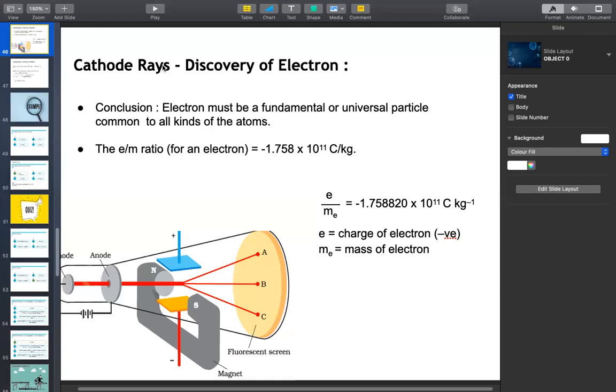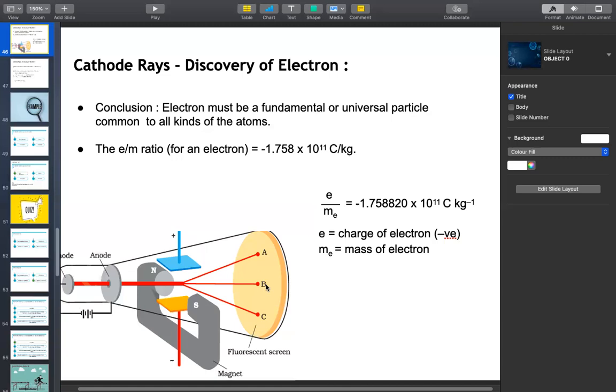So, sir, are the rays splitting? Splitting means one ray is coming. If you apply only electric field or magnetic field, do you know what is happening? By different electric and magnetic fields, these rays are diverted. Let's say the electric field dominates, then the ray goes in the upward direction. If the magnetic field dominates, the ray goes in the downward direction. But he adjusted the electric and magnetic field such that the rays go straight and hit the surface without diverting.